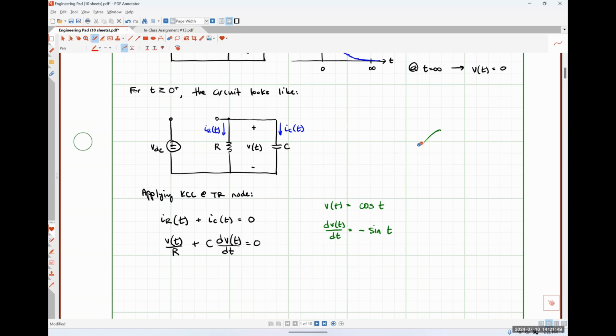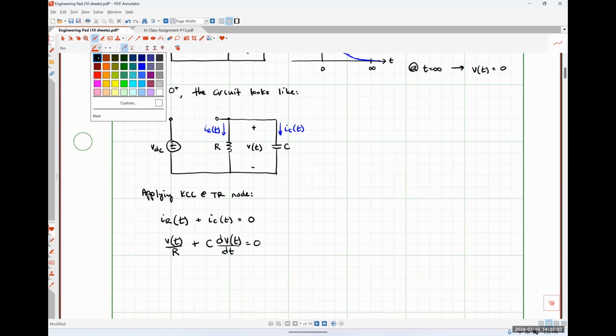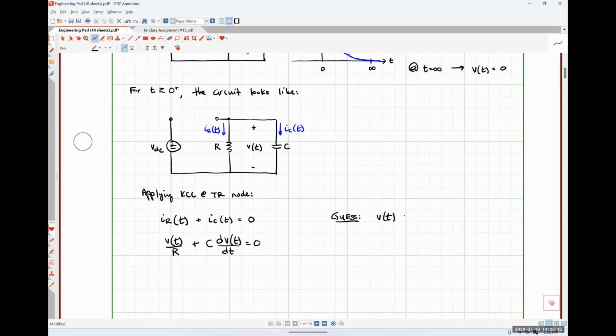Logarithmic. I'm basing that off of your graph that you drew earlier with the decay of the voltage drop. So I'm going to do the inverse of logarithmic. I'm going to do exponential, right? So we are going to guess that our voltage waveform v of t will be of the form A, where A is an arbitrary coefficient.